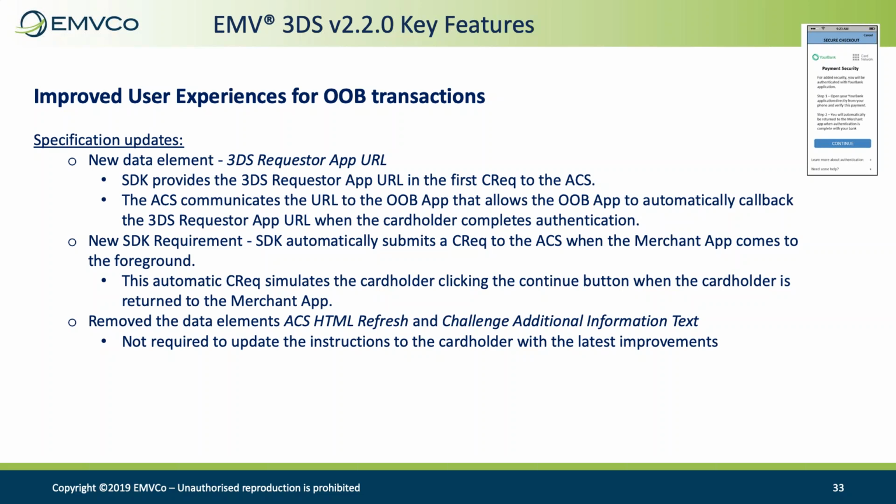A new SDK requirement is that the SDK automatically submits the CREC to the ACS when the merchant app comes to the foreground. This removes the need for the cardholder to click the continue button. And we removed the data elements ACS HTML refresh and challenge additional information text, as these are no longer required to update the instructions with the above improvement.